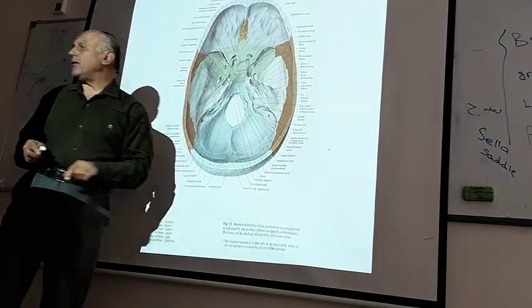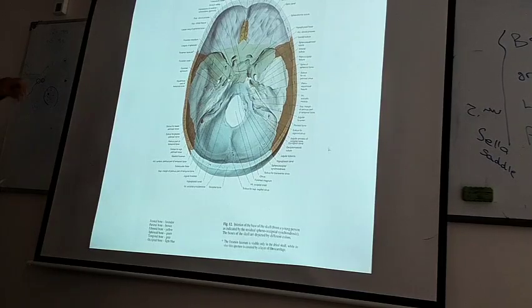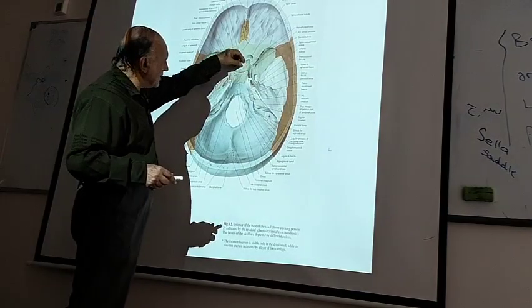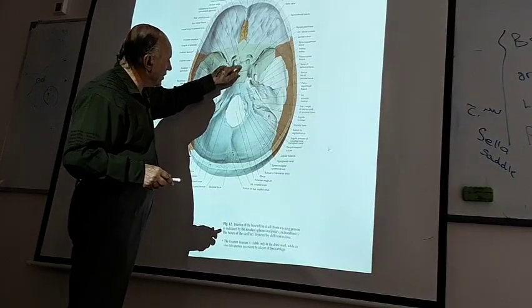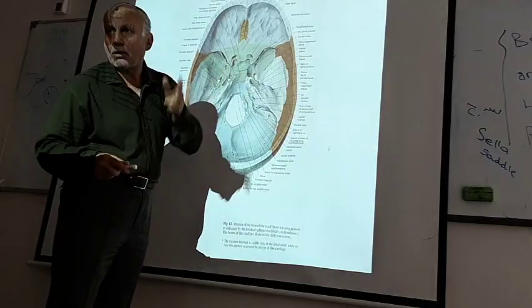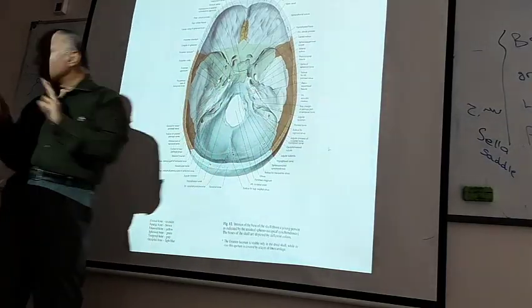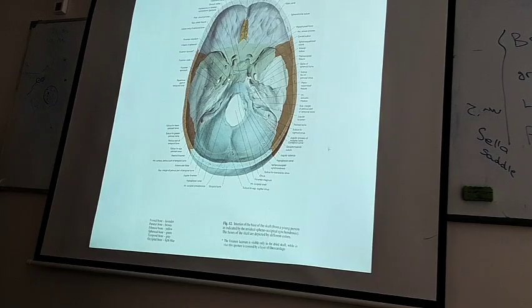But the hypophyseal gland is very small. The hypophyseal gland is in the floor of here. The floor of this sella turcica is named hypophyseal fossa. This means the hypophyseal fossa is a part of sella turcica.